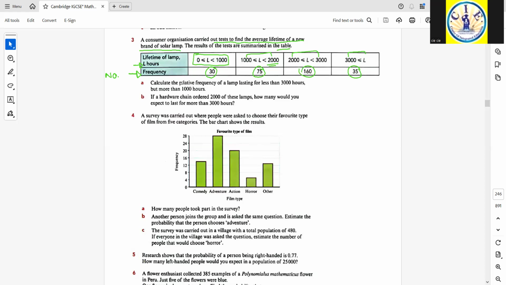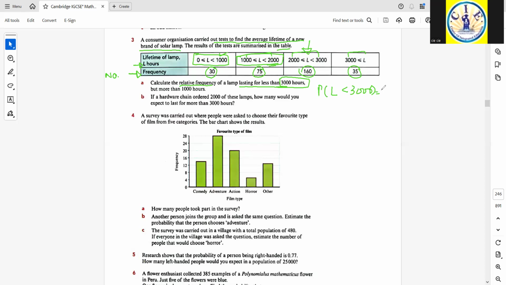Okay, now calculate the relative frequency of a lamp lasting for less than 3,000 hours. If you see, these are 160 lamps which are lasting between 2,000 and 3,000 hours. But when we are asking about the probability of the lamps having lifespan less than 3,000 hours, the lamps within the other ranges are also included.